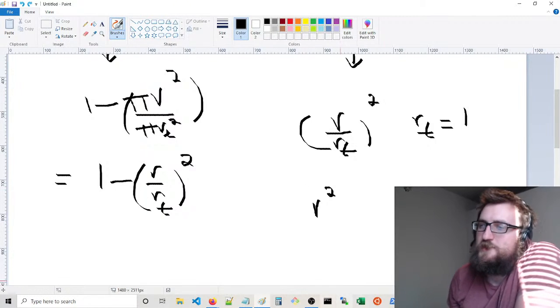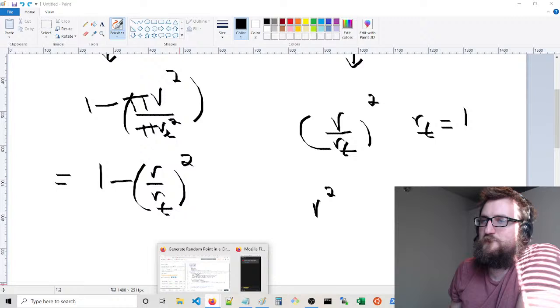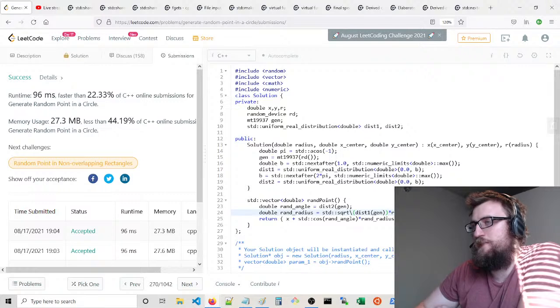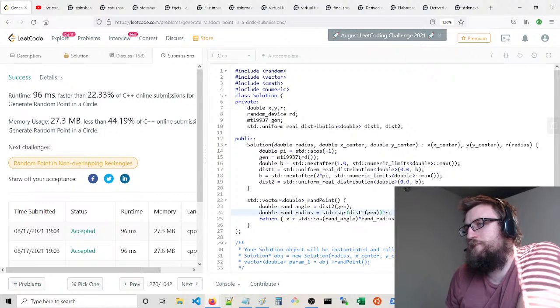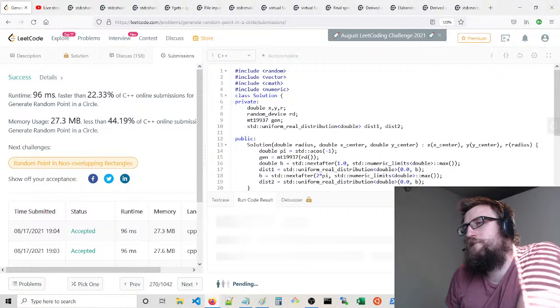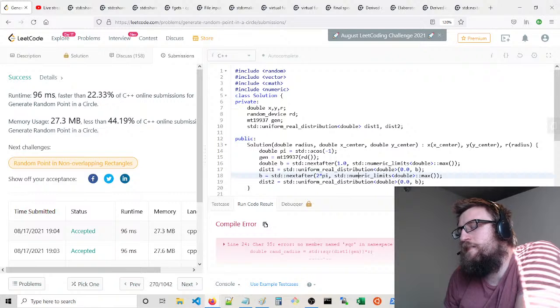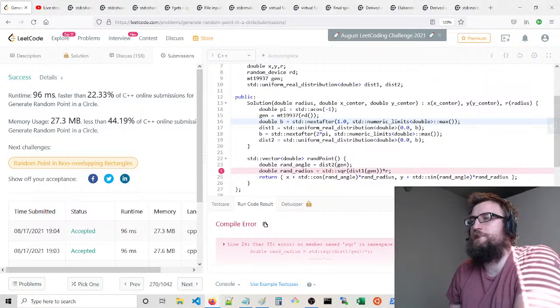Why does that seem so weird? Can you just square it? Does that work? Does that compile? It's a number from 0 to 1, so it'll still be from 0 to 1 when you square it.